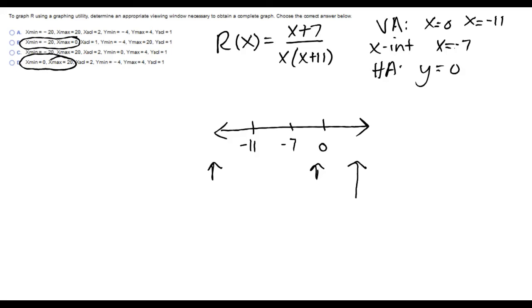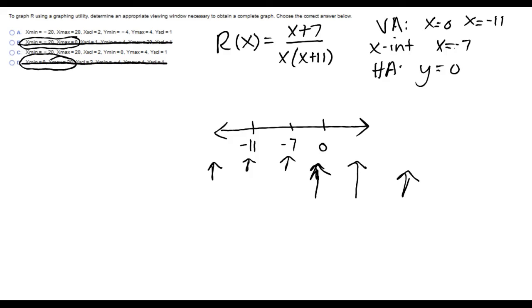And if I let my scale go from 0 to 20, then I'd be missing out on this vertical asymptote and this x-intercept. So you want to make sure that your interesting features, like your vertical asymptotes and your x-intercepts, are within that x-min and x-max. So let's eliminate these choices.